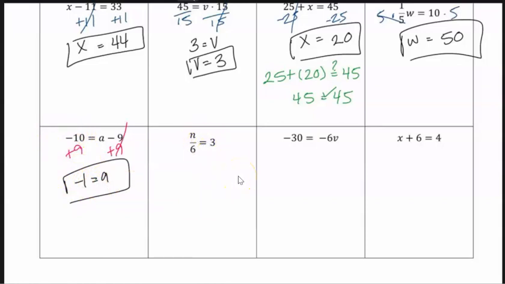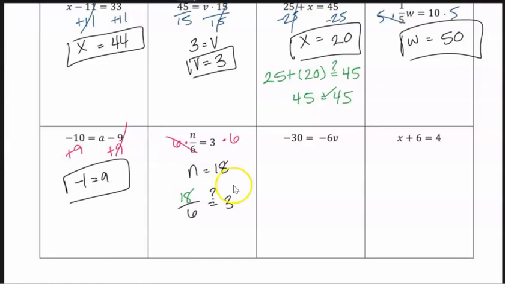N over 6, which can be written as n divided by 6, will be canceled out by multiplying by 6. So I get n equals 18. And if I was ever unsure, I can always check my answer. If I plug in the 18 where there used to be an n, so n over 6, assuming n equals 18, I'm going to write 18 over 6, and then ask myself, does this equal 3?